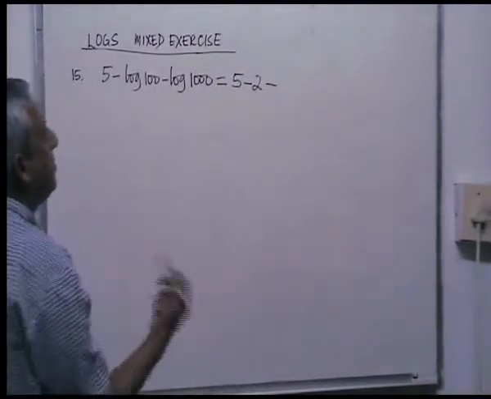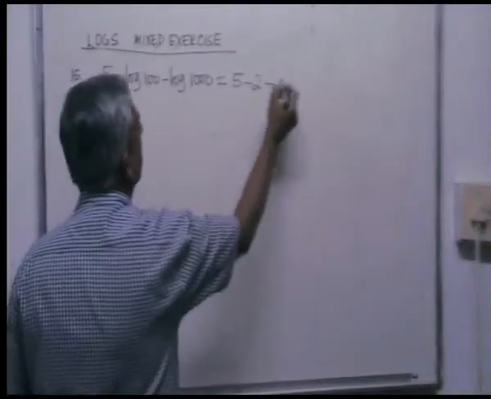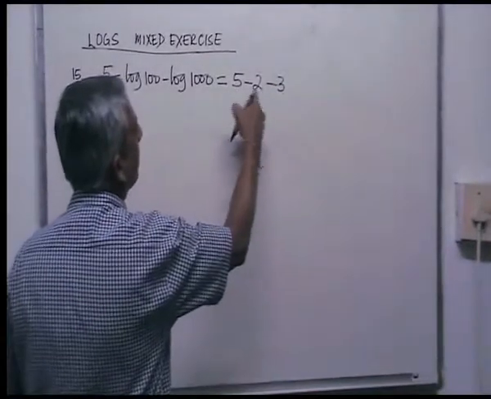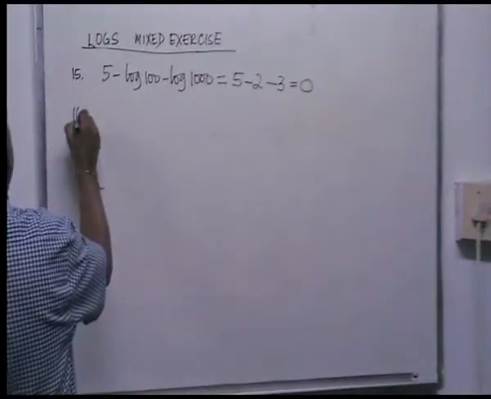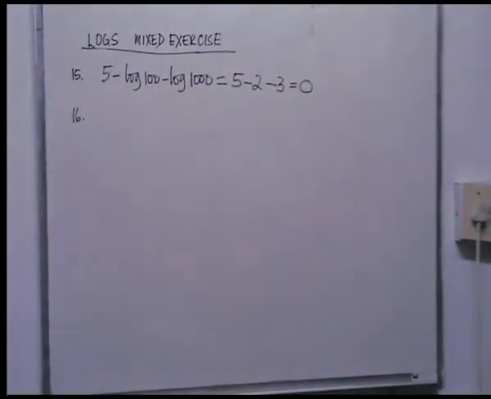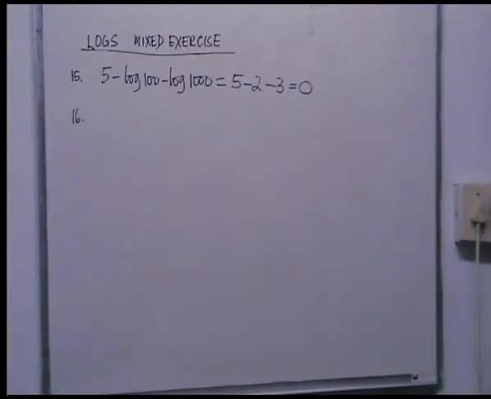Minus log of 1,000, you check in the calculator, you'll get 3. And 5 minus 5, final answer will be 0. It doesn't mean you have to apply rules all the time. You can apply common sense also. So in this example here, we're just applying our common sense and getting the answer.